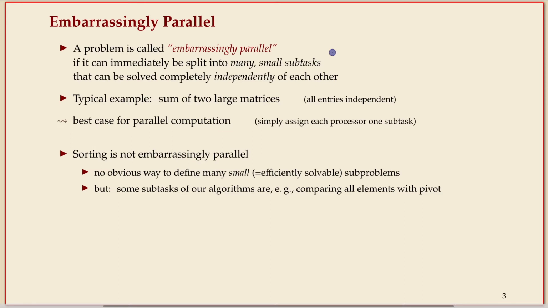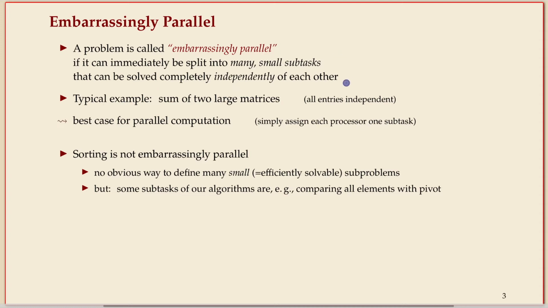And so there's this notion of an embarrassingly parallel problem, slightly cute term that just means it's a problem that's so easy to parallelize, you shouldn't even be very proud of doing it. It's embarrassingly parallel. It's very easy to break into many small subtasks, and they can all be solved independently of each other.